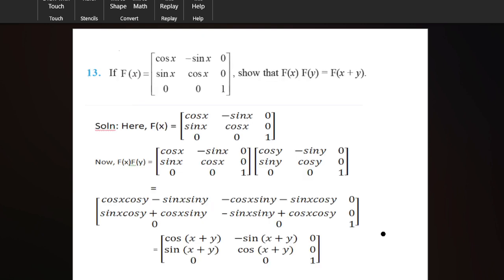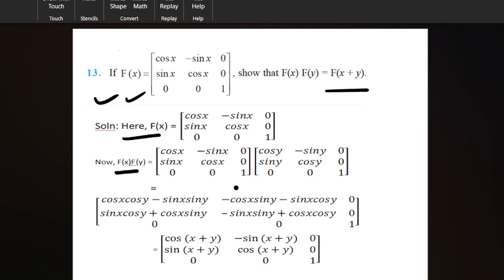Now here one textbook question we have seen. F of x equal to cos x, minus sin x, 0, then sin x, cos x, 0, 0, 0, 1. Now we have to show f of x into f of y equal to f of x plus y. Now here f of x is given as this matrix, then we can find out f of y also by replacing x by y.